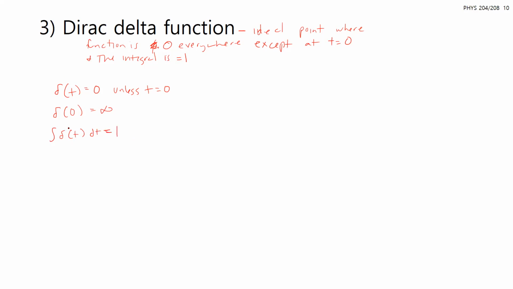That's our mathematical definition of the Dirac delta function. It's also worth noting that the Dirac delta function is equivalent to the top hat function as a approaches 0. So that's what we're going to use.